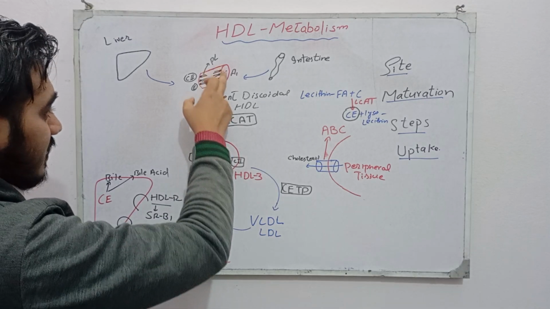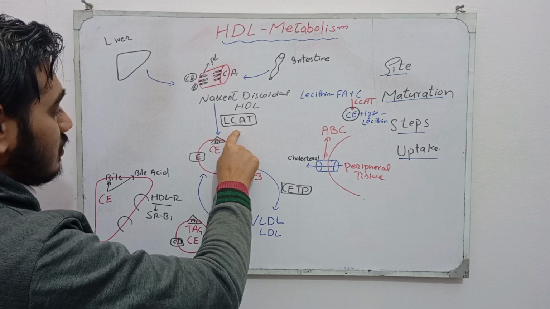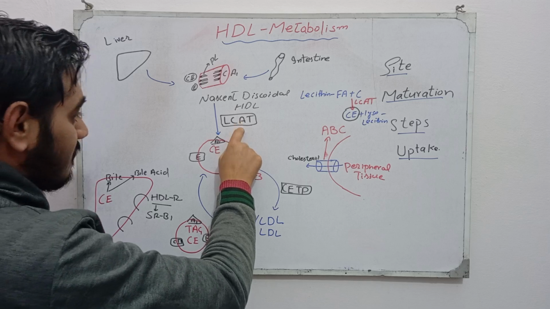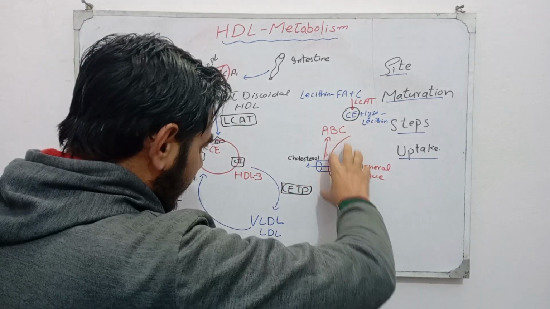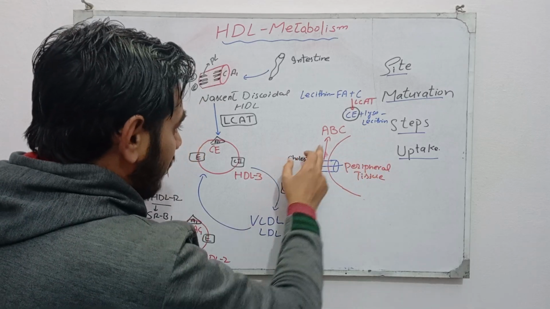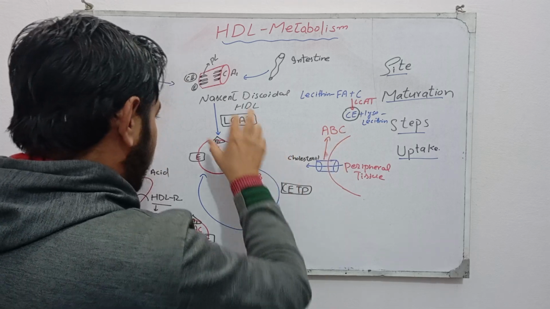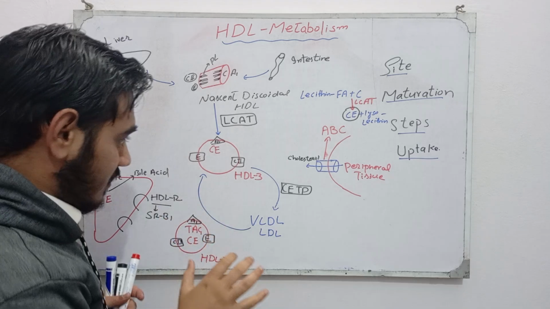In the next step, it gets secreted in plasma and gets attached to the enzyme lecithin cholesterol acyltransferase. From the peripheral tissues, there is a transfer of cholesterol with the help of ATP binding cassette transporter protein, and cholesterol gets attached to this nascent discoidal HDL.